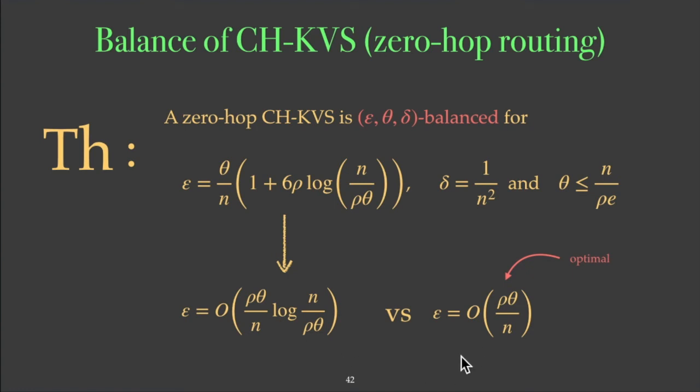If you compare these two epsilons, there is only this extra logarithmic factor. So this epsilon is not too far away from optimal. Therefore, zero hop routing CHKVS balances data pretty well.